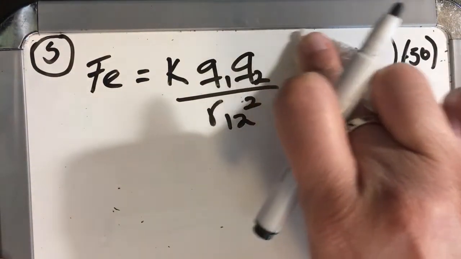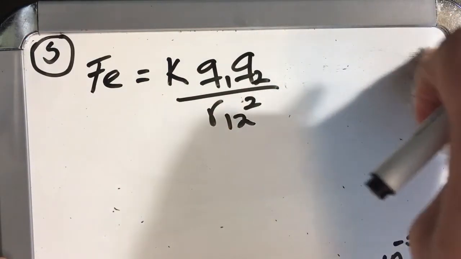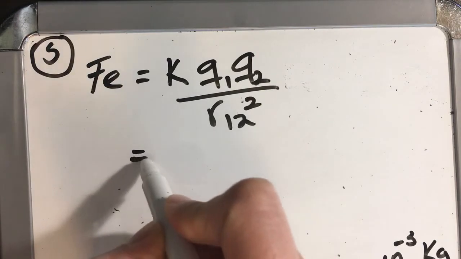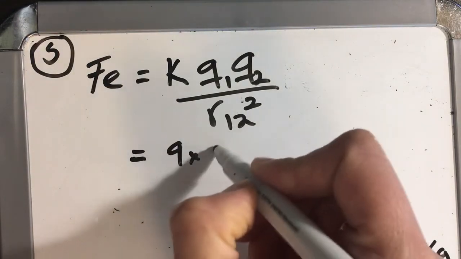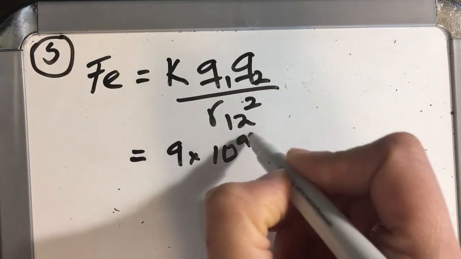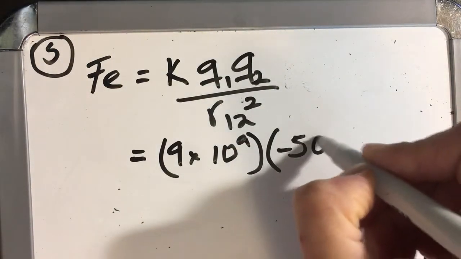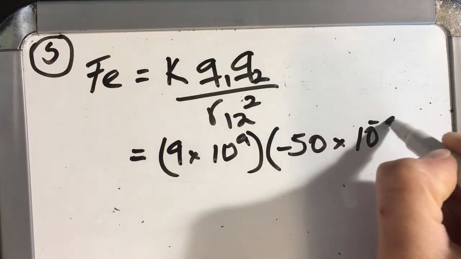Actually, we should write this in the bottom line because we are going to have more space there to put all our numbers. So K is 9 times 10 to the 9. Q1 is minus 50 times 10 to the minus 9.